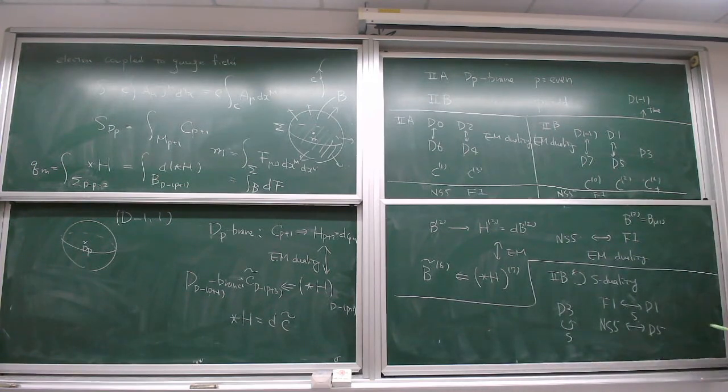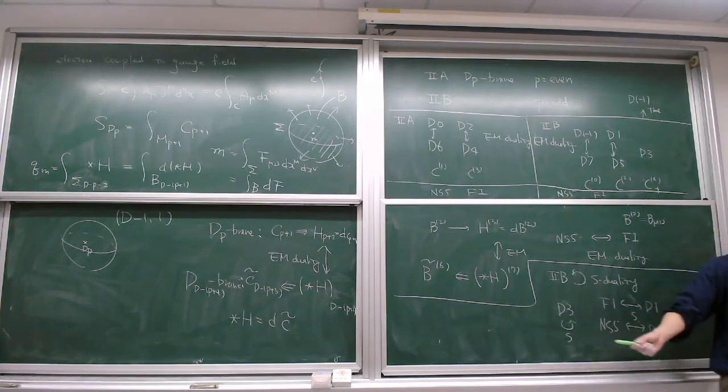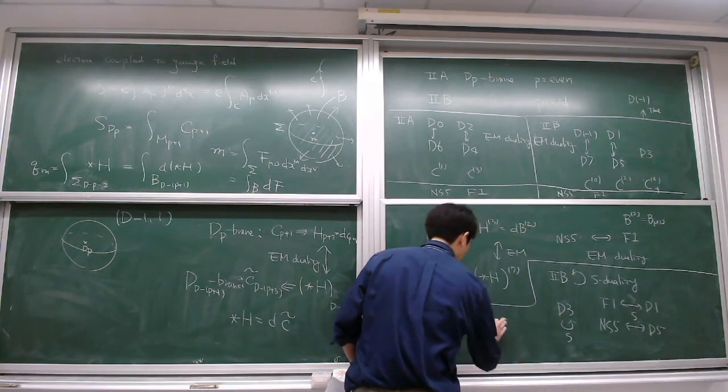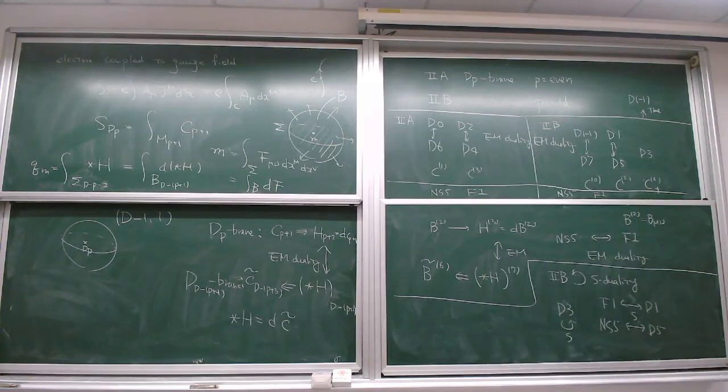So you can swap F1 and D1 by S-duality. This is really the S-duality of the type 2B theory, which we are going to learn later. There is a duality that swaps the fundamental string and D1, and NS5 and D5.